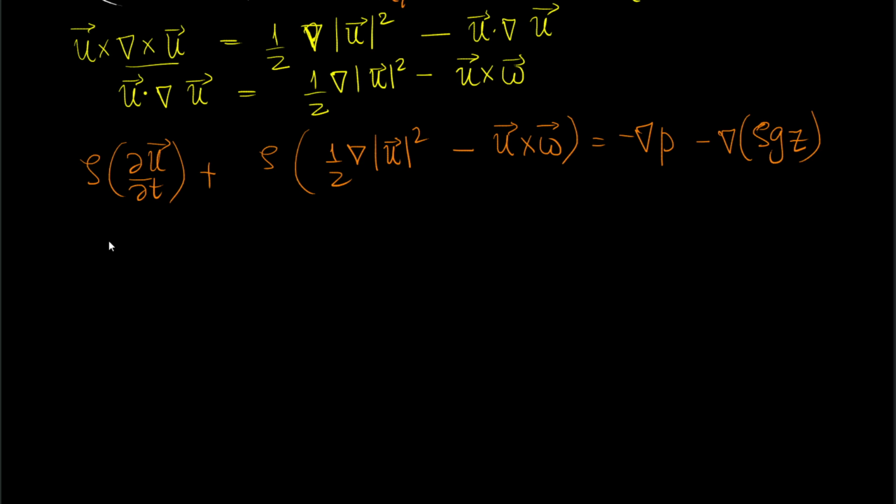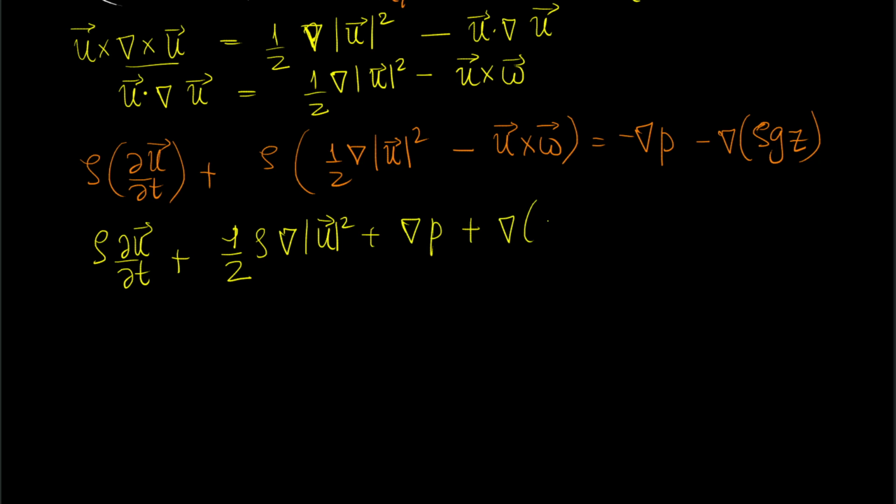Okay, so let us write it in this form. So this is half rho gradient of mod u square plus gradient of pressure plus gradient of rho gz is equal to rho u cross omega.